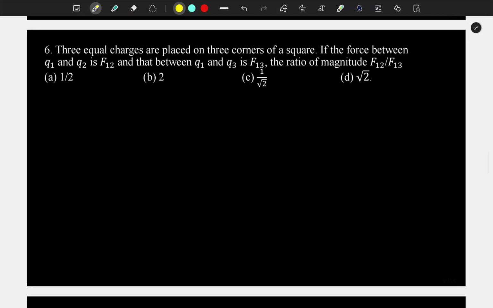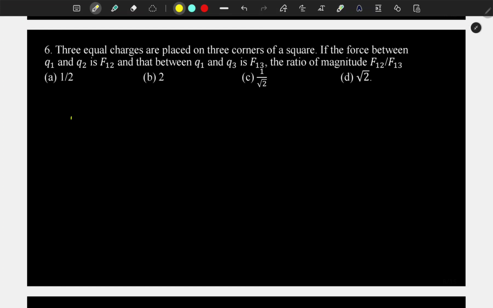Three equal charges are placed on three corners of a square. If the force between Q1 and Q2 is F12 and that between Q1 and Q3 is F13, the ratio of F12 to F13 is.